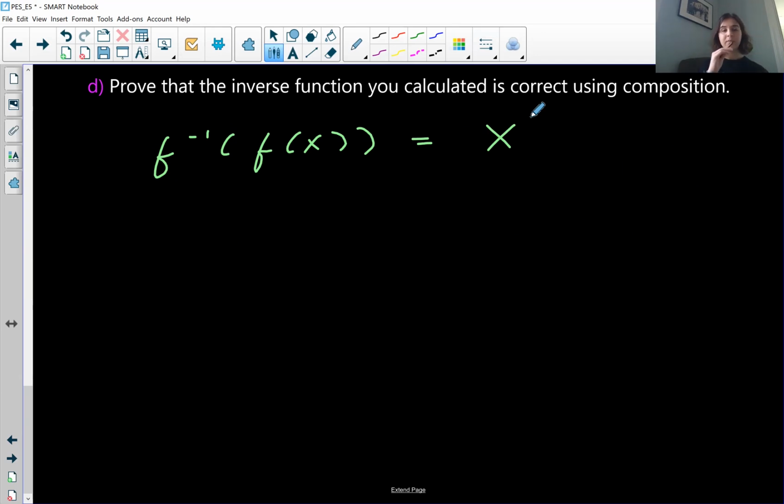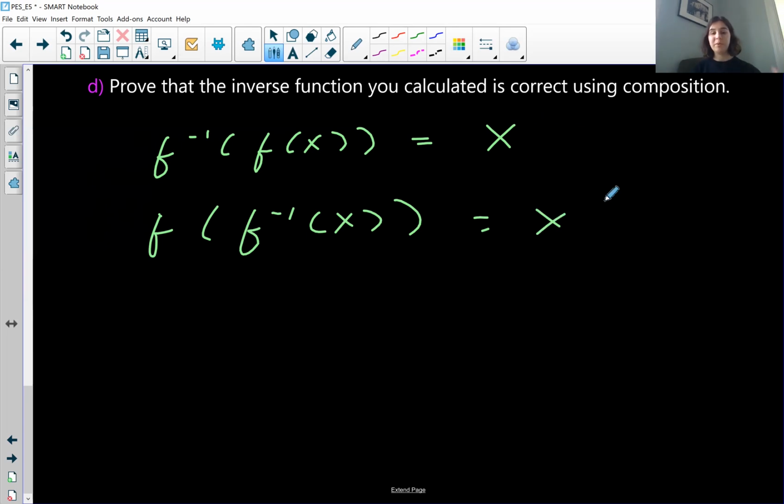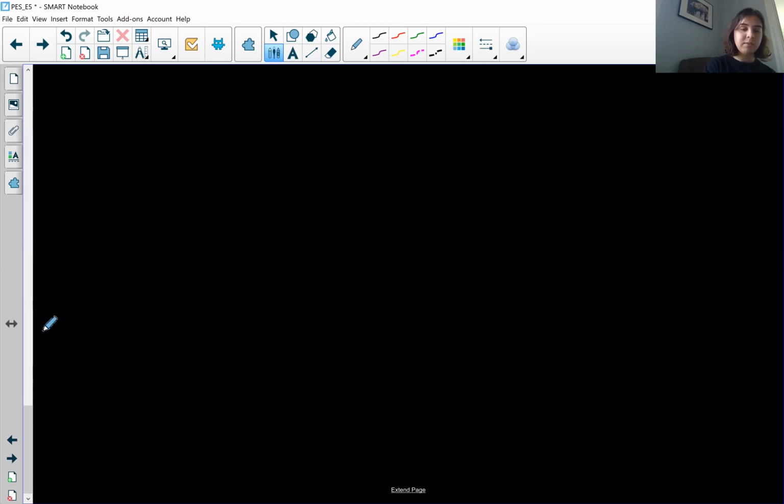So we're proving the inverse that we calculated is correct. And the way that we can do that is by showing it through composition. So like I said, if we plug in the original to the inverse, it should undo everything and we get x. Same goes if we plug in the inverse to the original. So we want to do it the opposite way as well. So inverse into the original, we should also get x. So basically, we're just going to do both of those operations, and if we get x both times, then we have done it correctly.